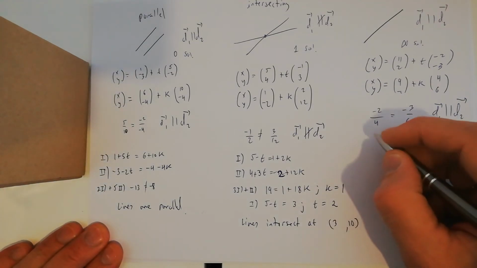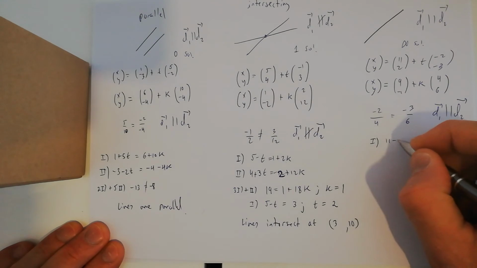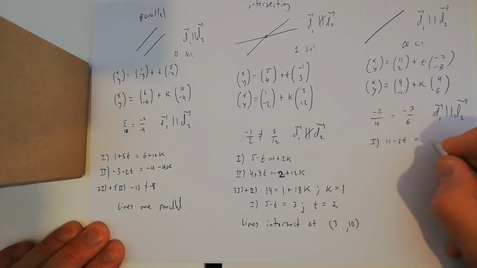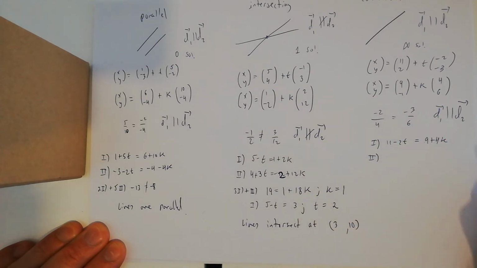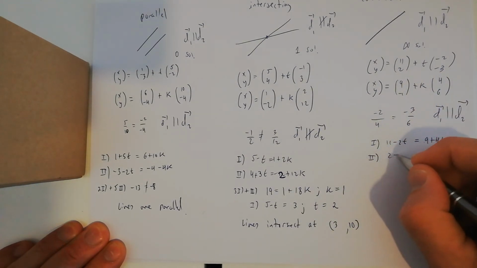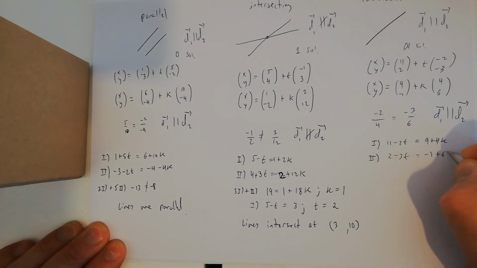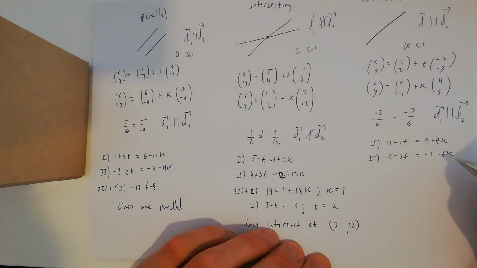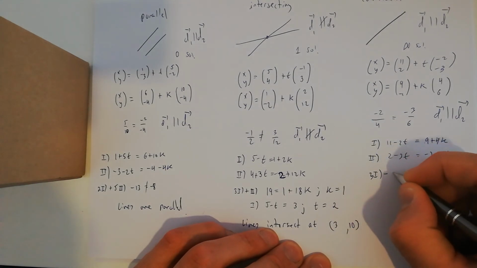Now we have to write the system of equations. For example, equation 1, again equaling the x's, is 11 minus 2t equals 9 plus 4k. Equation 2 is 2 minus 3t equals -1 plus 6k. Here we'll multiply equation 1 times 3 and subtract equation 2 times 2.